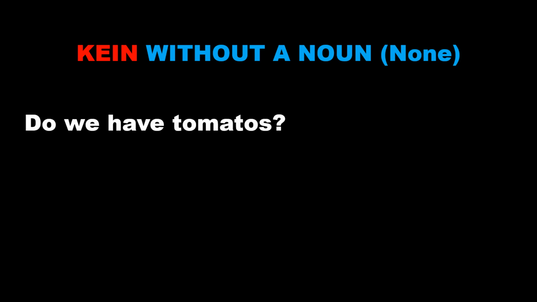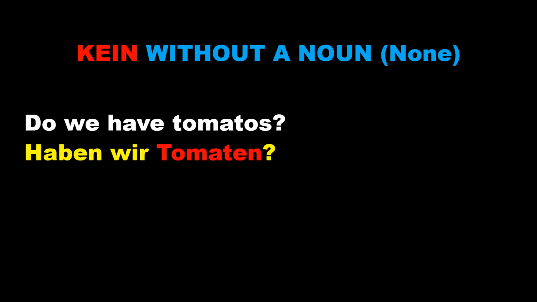Kein without a noun. None. Let's see. Do we have tomatoes? That's a question. Haben wir Tomaten? In response, no, there are none. Now you can understand how to use the word kein in the meaning of none.